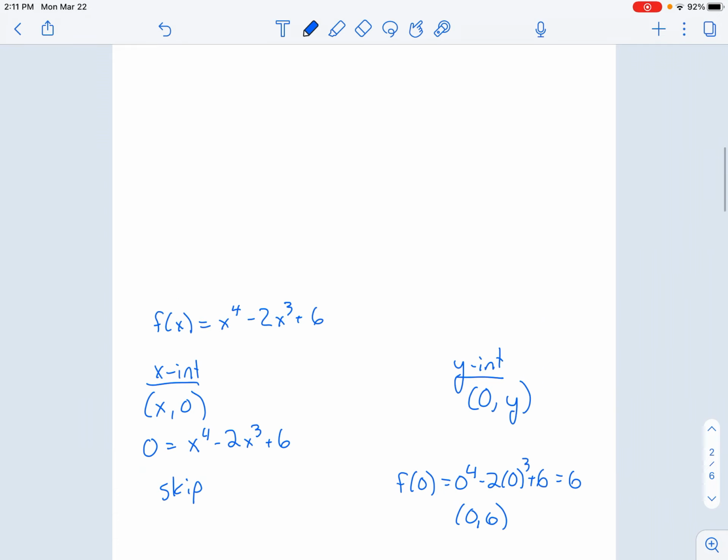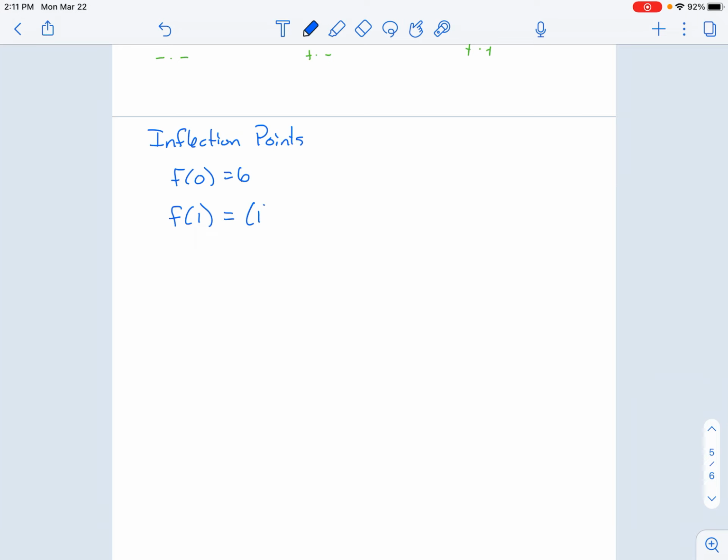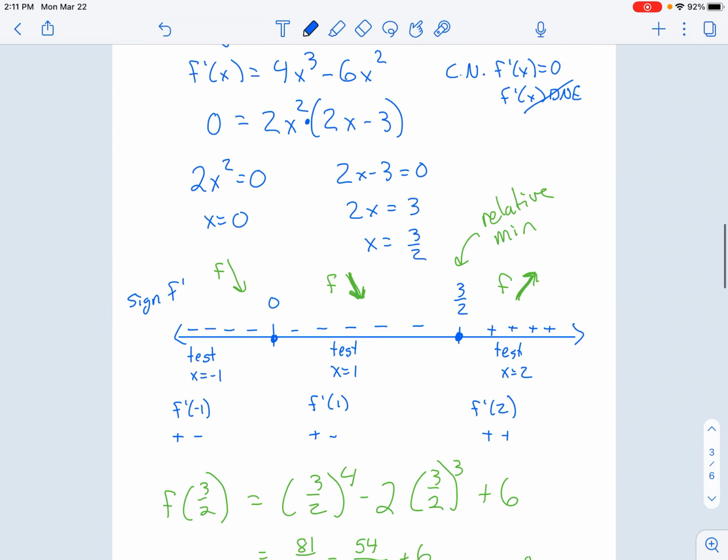X to the 4th minus 2x cubed plus 6. So subbing in 1 for x, we get 1 minus 2 plus 6. And it looks like that's going to be 5. So we have inflection points at 0, 6, and 1, 5.